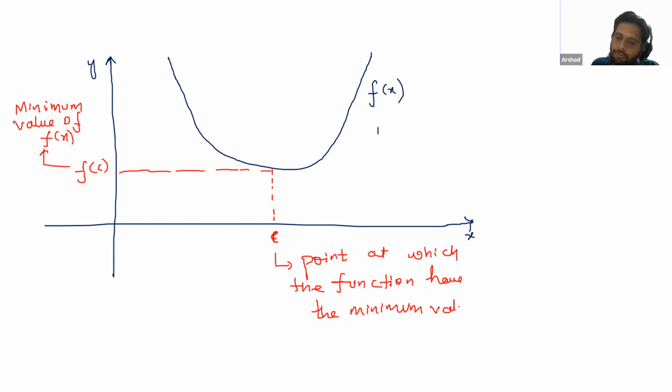What is this point? The point at which the function has the minimum value.